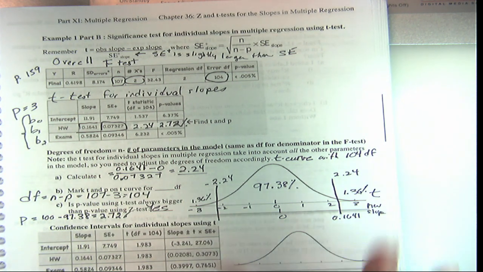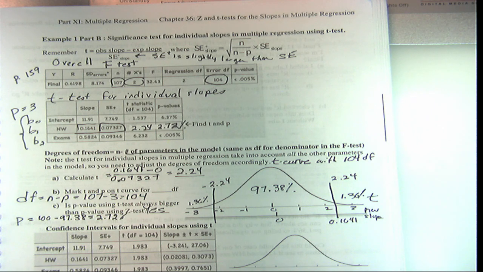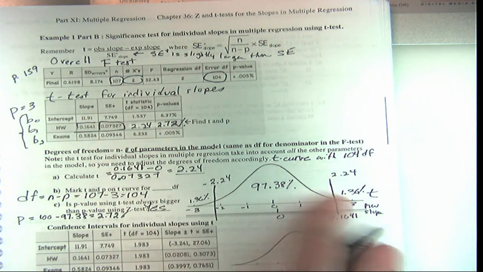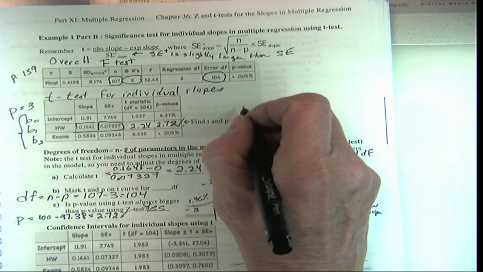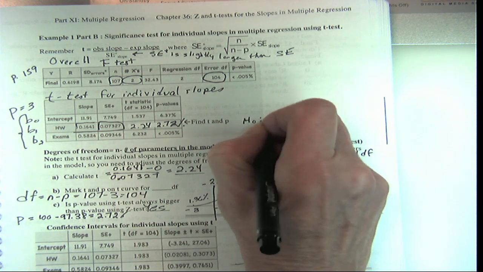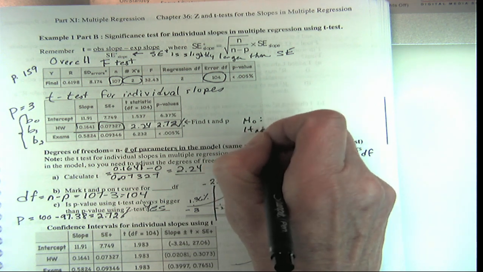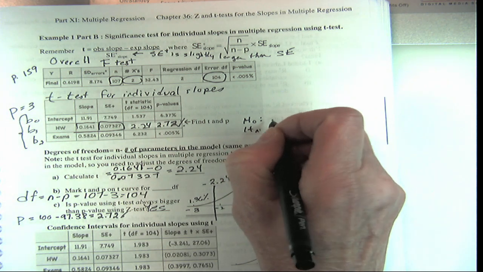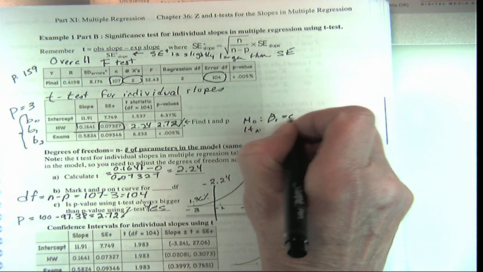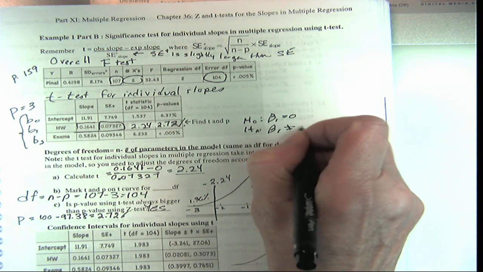So that's the idea. Any questions so far? Let me see if I left anything out. Let's just remember what our null is here, and why we're doing the two-tailed test. Our null and our alternative, let's just write it down, is what? The null is that beta 1 is equal to 0, and this is beta 1 is not equal to 0.